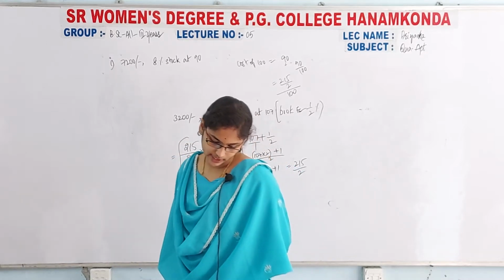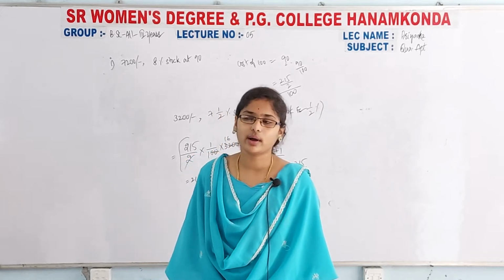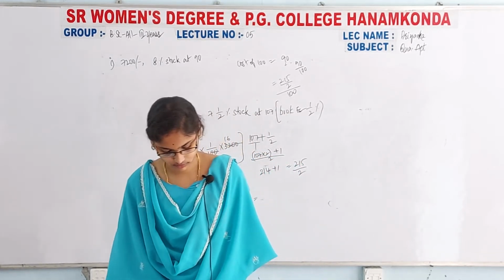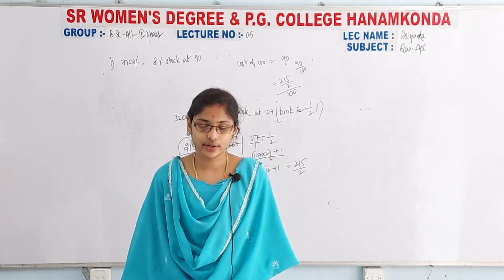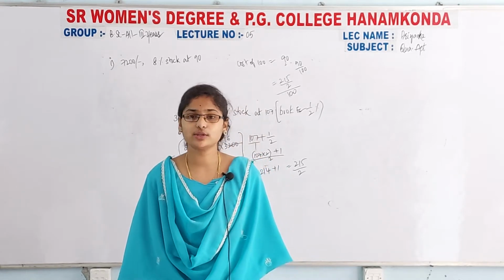Write in bracket brokerage 1 by 4%. Now, by selling 100 rupees of stock, cash realized equal to 100 minus 4, because 4 is discount.